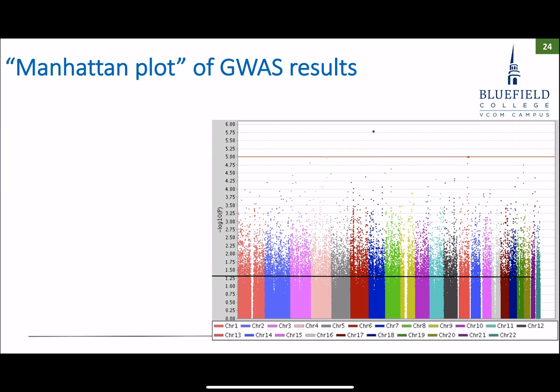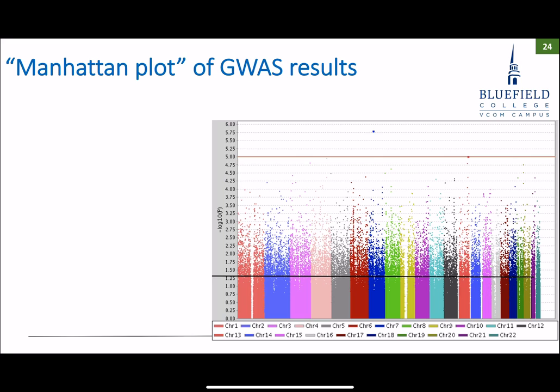So those points that are high represent tests that show us some significant or at least interesting association between some genetic markers and the phenotype of interest.